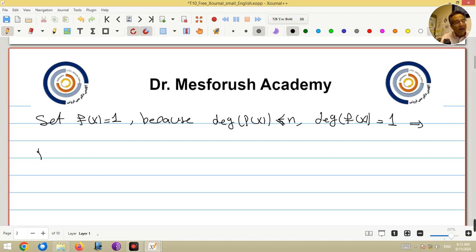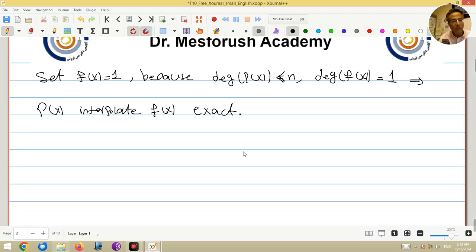So I know that p of x interpolates f of x exactly. It means that it exactly interpolates the function f of x equal to 1.